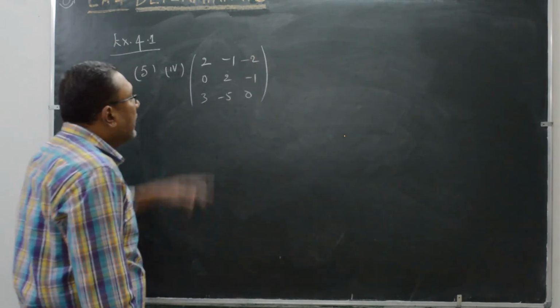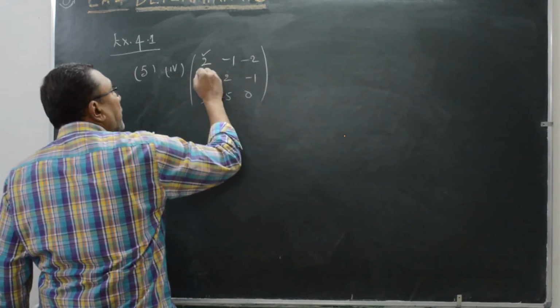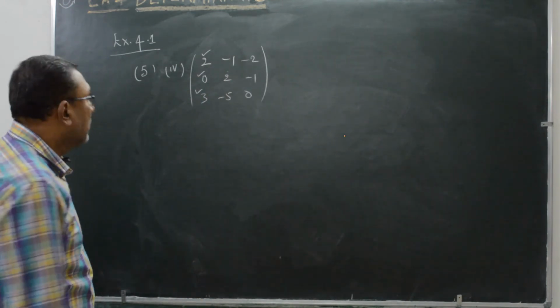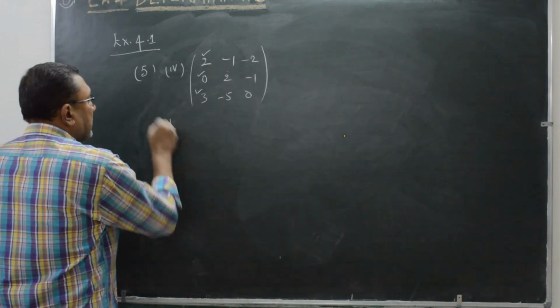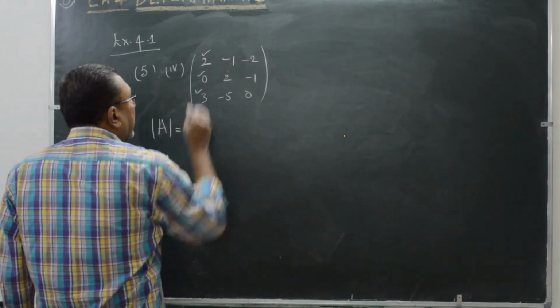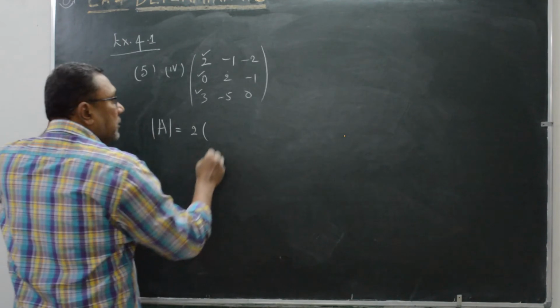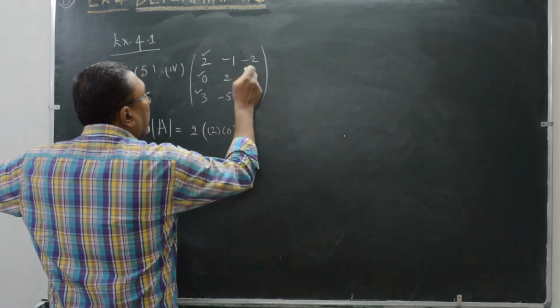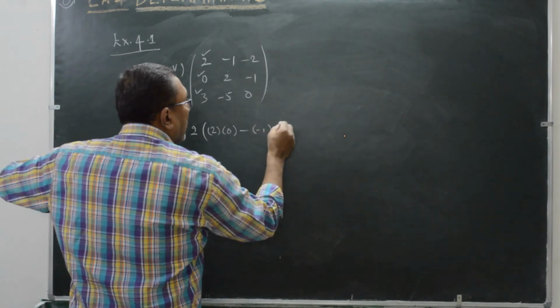Okay, let us expand again. Just for your understanding, I am expanding through the first column. Then the determinant value will be: take the 2, then it will be 2 into 0 minus 1 into minus 5.